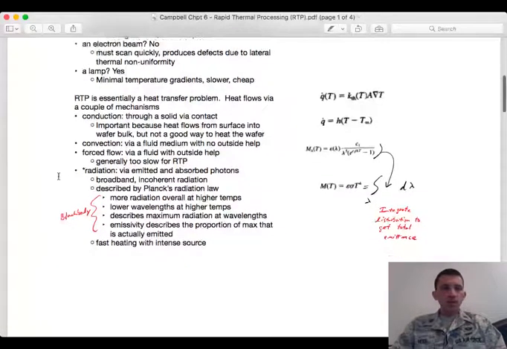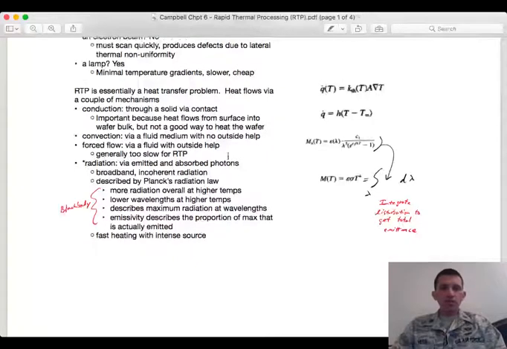Convection is another thermal transfer mechanism, and it can be either free convection or forced flow, the difference being that in free convection, the fluid medium moves due to density variations, right? Hot air rises, and so you're not driving that flow.